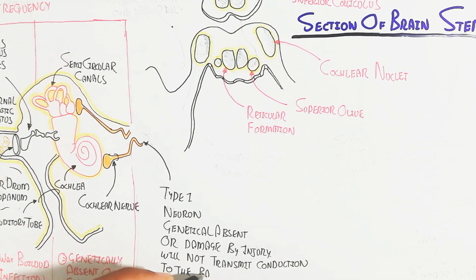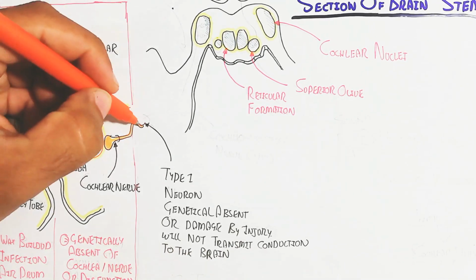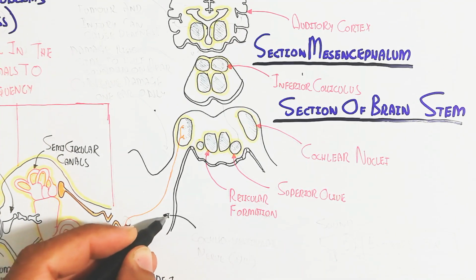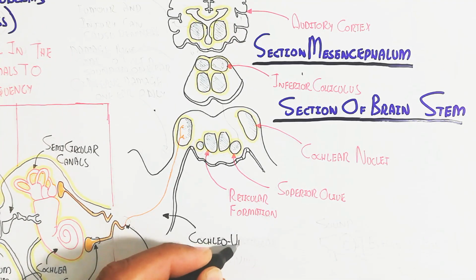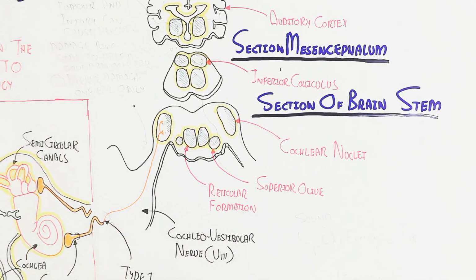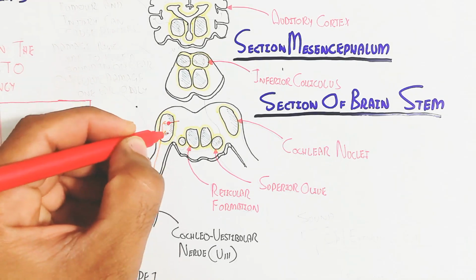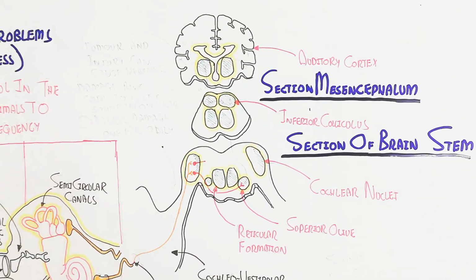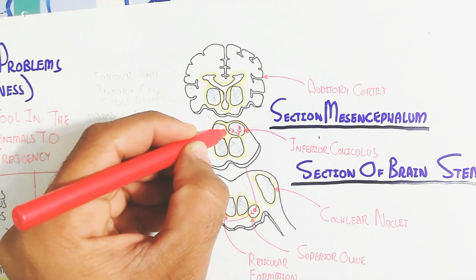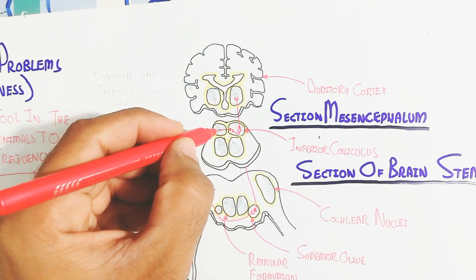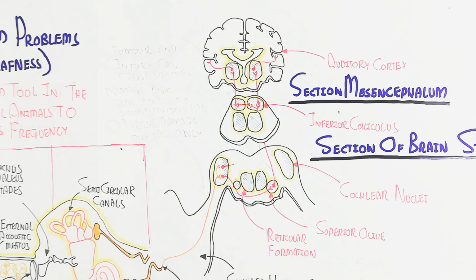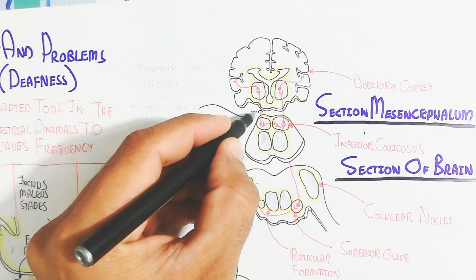Genetic absence can lead to dysfunction of hearing, known as deafness. Normally the signal is transmitted through depolarization of the type 1 neuron to the interneurons present in the section of the brainstem, and the superior olive transmits the signal to the inferior colliculus, which transmits the signal to both sides, left and right colliculus, to both auditory cortices.